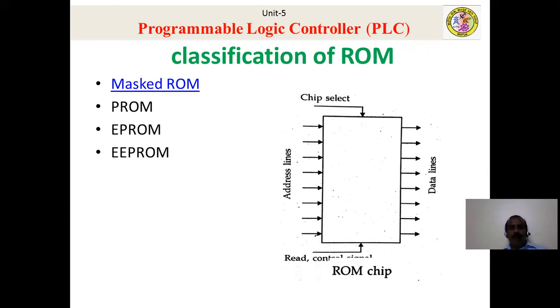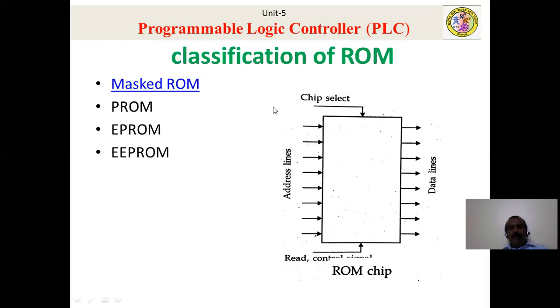Classification of ROM. ROM is classified as MROM or masked ROM, PROM, programmable ROM, EROM, erasable, EPROM, EEPROM, erasable programmable ROM, electrically erasable programmable ROM.